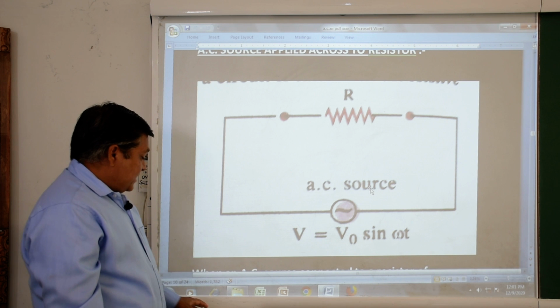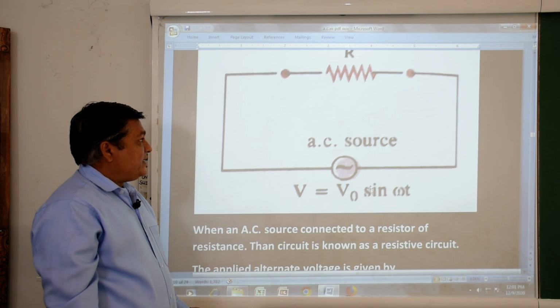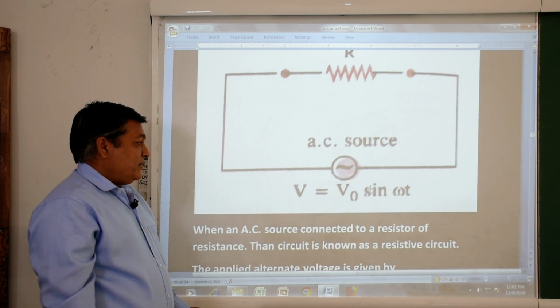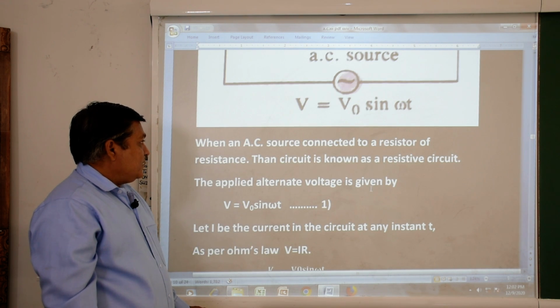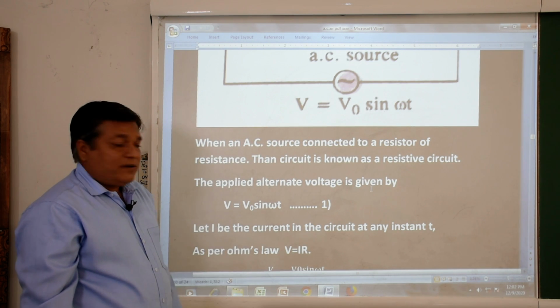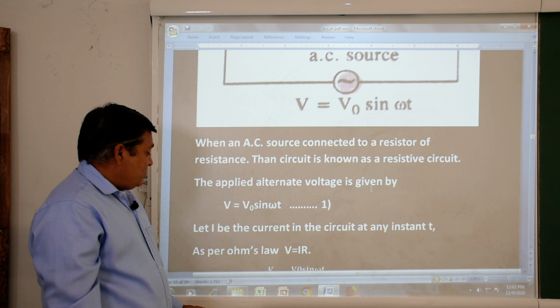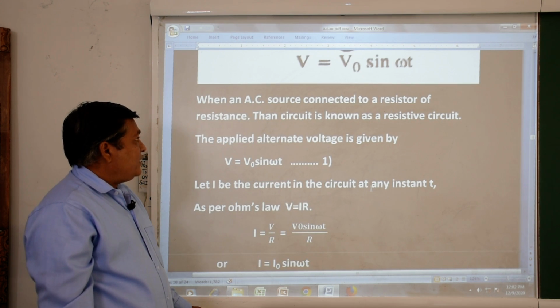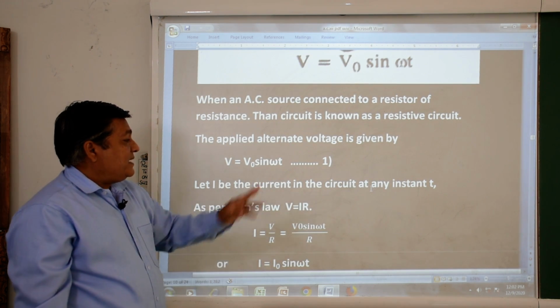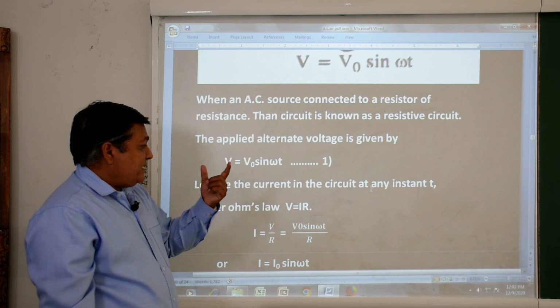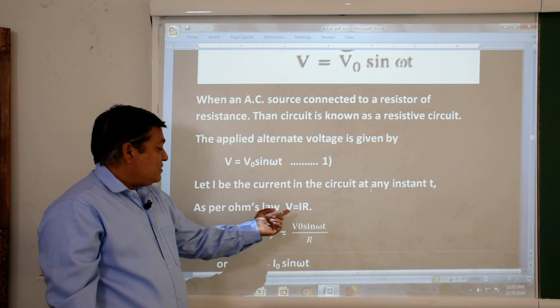Okay. What expression can we get and what is the result we get in case of a resistor? The expression for the applied voltage is V is equal to V naught sin omega t, where V naught is the peak value of voltage. Let I be the current in the circuit at any time instant t. By Ohm's law, we can say that V is equal to IR.